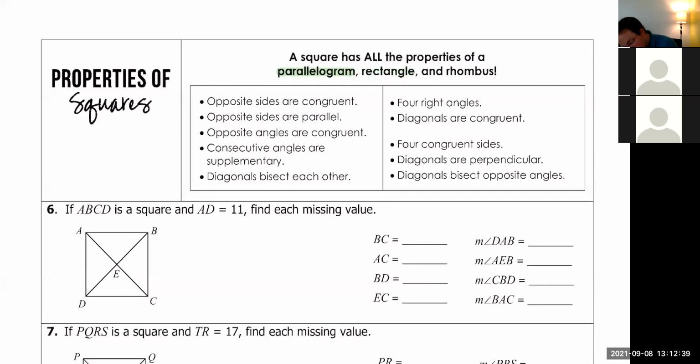Actually, watch me get fancy here. So it's a parallelogram, which are these standards right here. It's a rectangle, which encompasses these two right here.